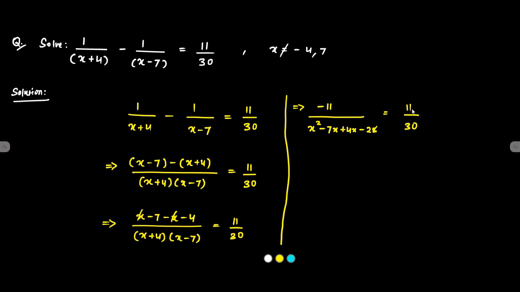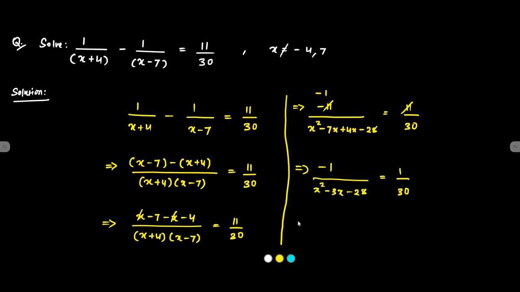Now 11 will get cancelled on both sides, here it will be minus 1, so that implies minus 1 by x square minus 7x plus 4x, which is minus 3x, minus 28, is equal to 1 by 30.